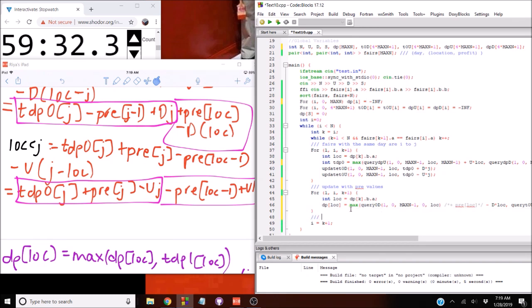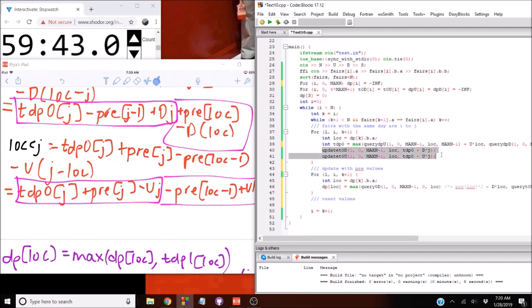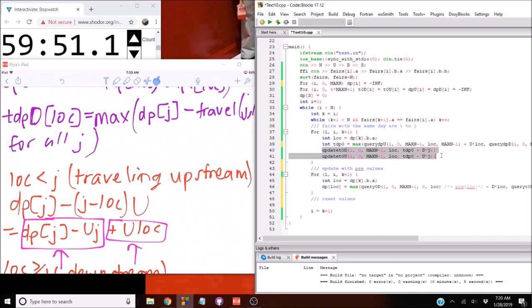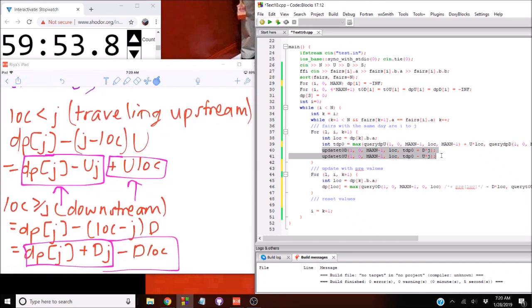Okay. And then I'm gonna do the reset values. And these are only for the updates that I did. I just have to unupdate them. Oh yeah, and do I have to update the DP values anywhere? Okay, I do have to update the DP values, but those are permanent updates. And then I have to just reset these two.